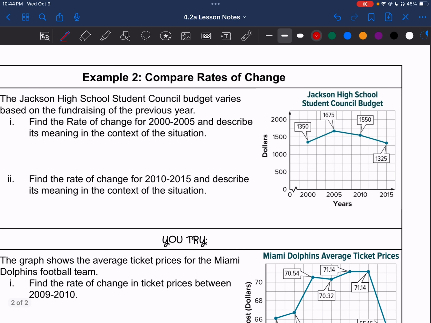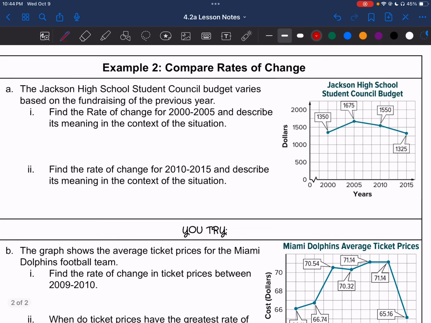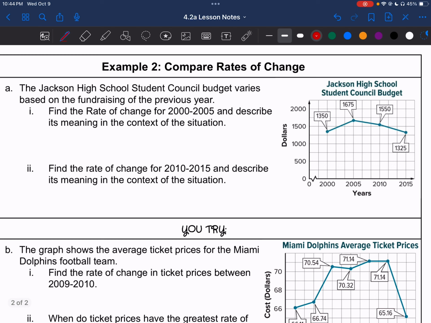So we are going to take a look at comparing some different rates of change and figuring out what it is given the context. So Jackson High School Student Council budget is going to vary based on the fundraising from the previous year. So in 2000, we have $1,350, and in 2005, we have $1,675. So that's a difference of $325 over the 5-year span.